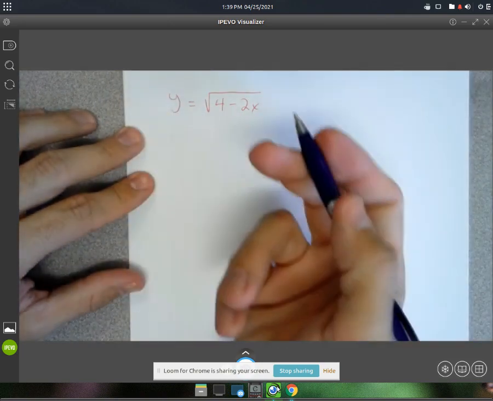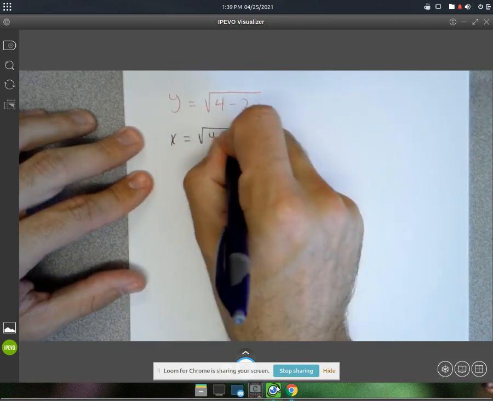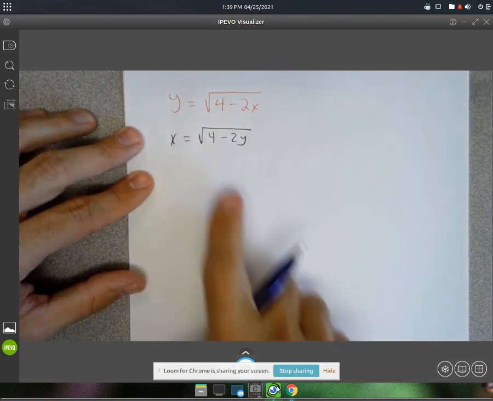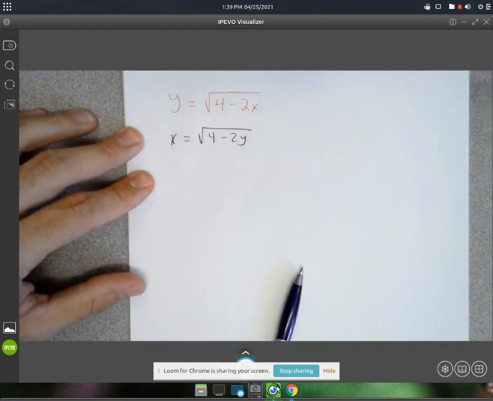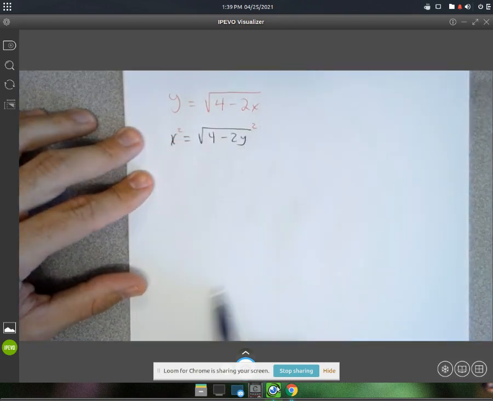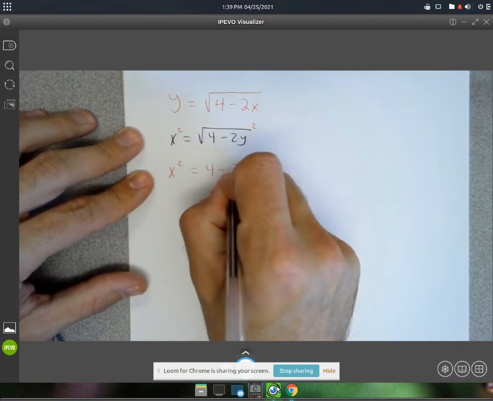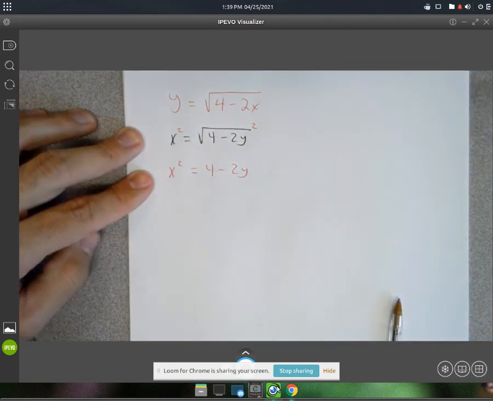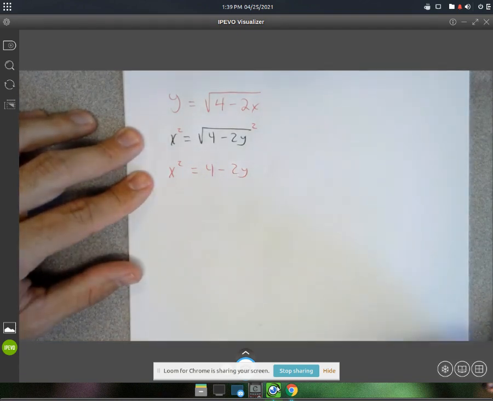All right, swap our x and our y. x equals the square root of 4 minus 2y. All right, so I'm going to solve for y. The square root part's already by itself, so I can square both sides. That's going to give me x squared is equal to 4 minus 2y. I need to move the 4 over and then divide by negative 2.